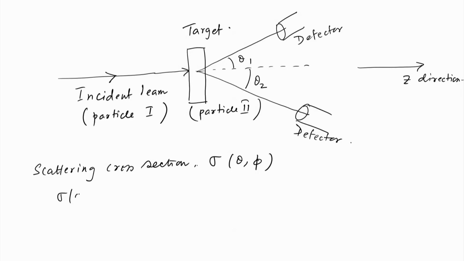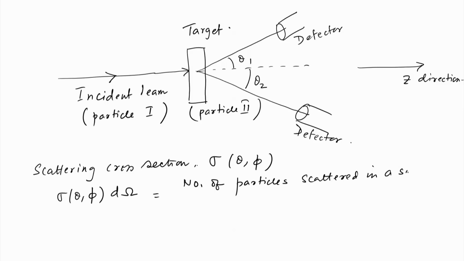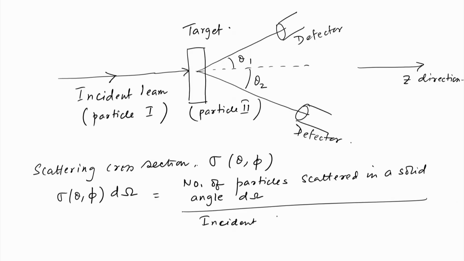So, sigma theta phi in a solid angle d omega is equal to the number of particles scattered in a solid angle divided by the incident intensity, which usually is denoted by I 0.